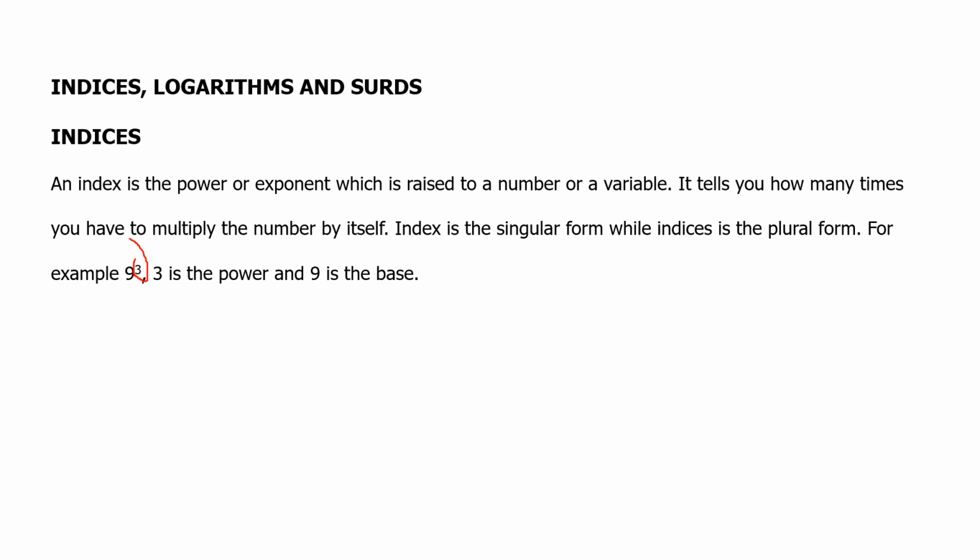This 9 power 3 means we multiply 9 three times. So that is 9 times 9, then times 9. This is what I said earlier, that the index tells you the number of times a number is multiplying itself.